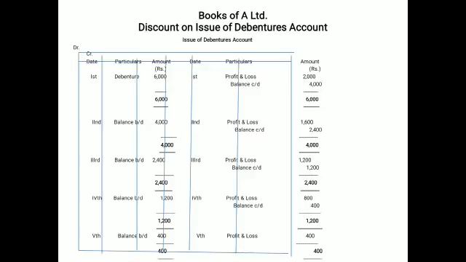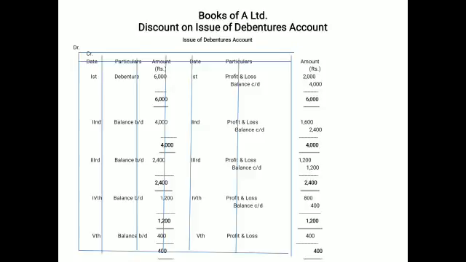In the first year profit and loss is charged with 2,000, forwarded 4,000, then again charged 1,600, then forwarded 2,400, then written off 1,200 to profit and loss, then forwarded 1,200, then profit and loss with 800 and forwarded 400. When in the last year 400 is charged, nothing is forwarded. Automatically the account is closed.